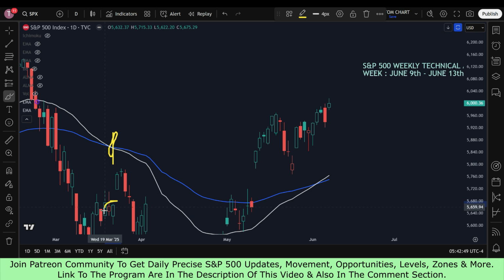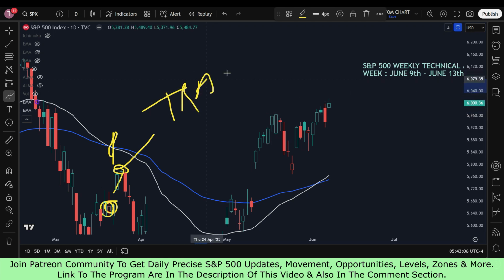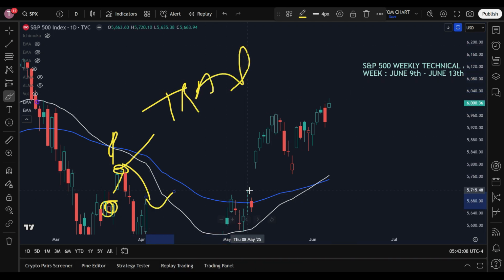This means the fall will be there irrespective of anything. But still, the S&P 500 moved up, and then after forming a trap, there was a heavy fall.